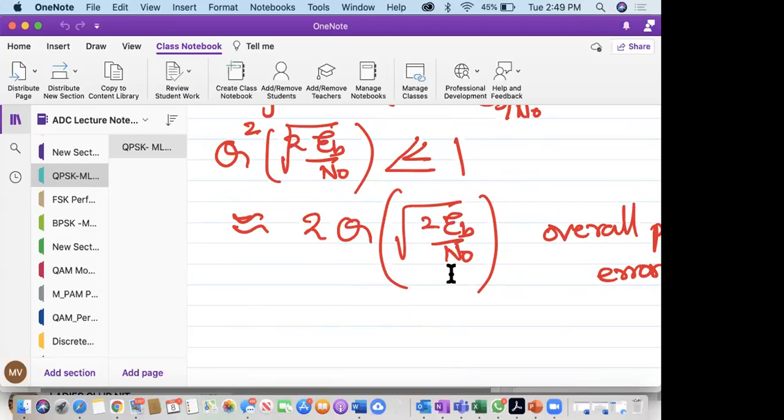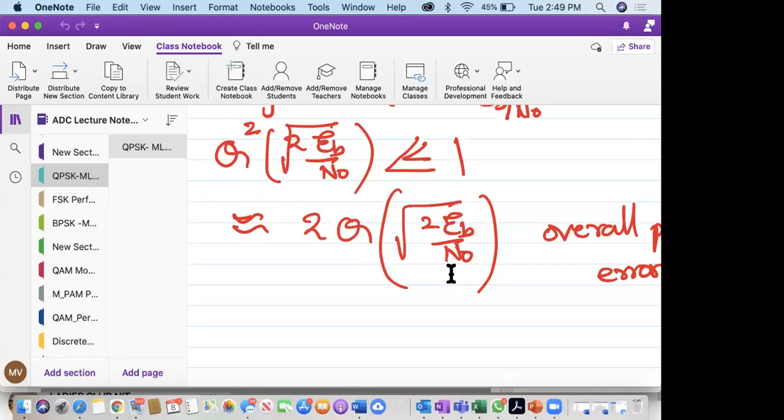So naturally, when you keep more points in the constellation diagram, the probability of error also increases. From BPSK to QPSK to QAM, the distance between the points is very small, so your detection area is also reduced. Because of that, we get a huge probability of error.